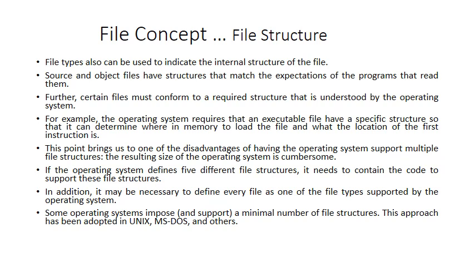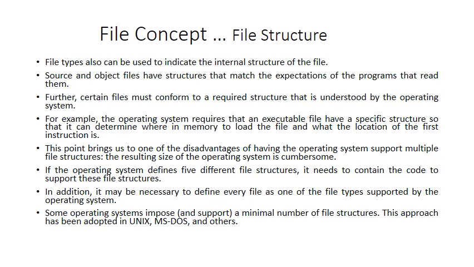Then next we have certain files that must conform, that must follow a required structure that is understood by the operating system. For example, the operating system requires that an executable file have a specific structure so that it can determine where in the memory it has to be loaded and what is the location of the first instruction in that file which has to be executed.